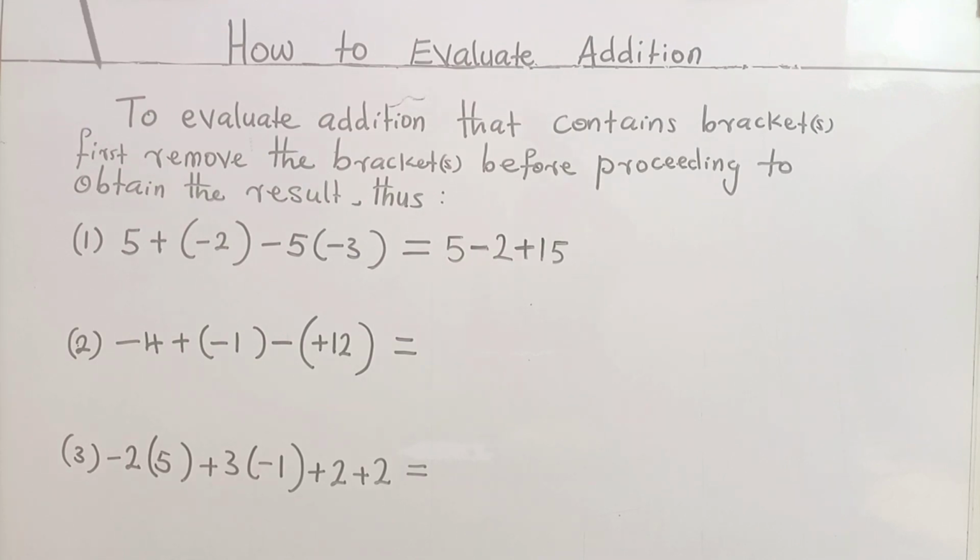Notice that this 5 is the same thing as this 5 here. Then this minus 2 is still here. But how did this minus 2 come to be? It is by saying positive of owing 2. Recall that whenever plus or minus is written before a bracket with nothing separating them, that plus is not addition.